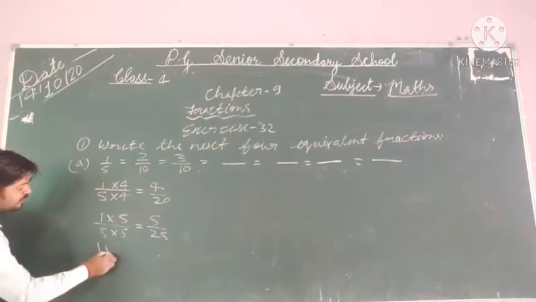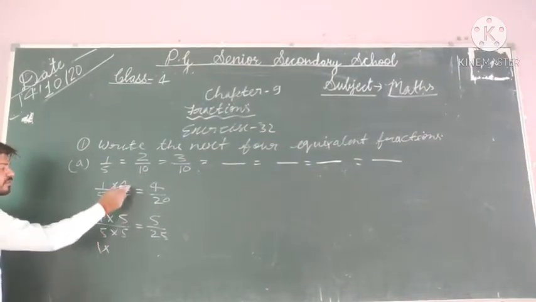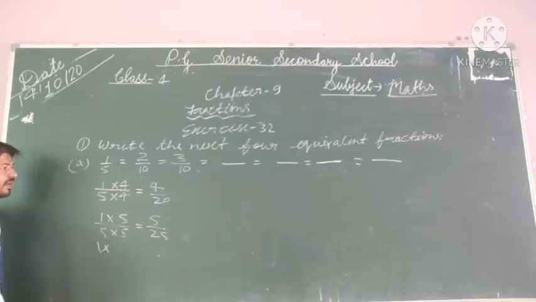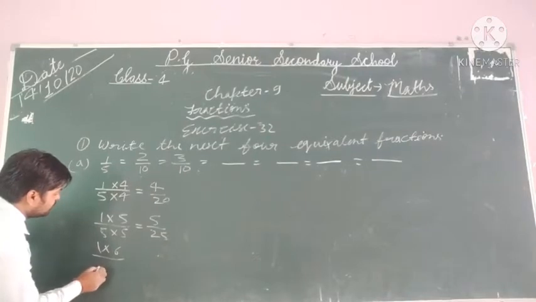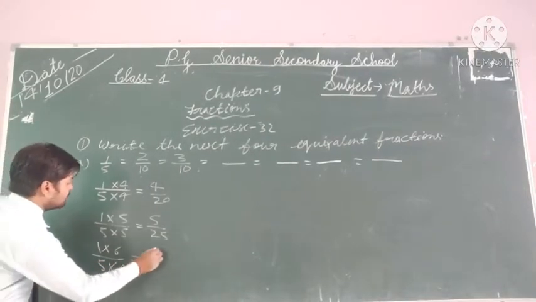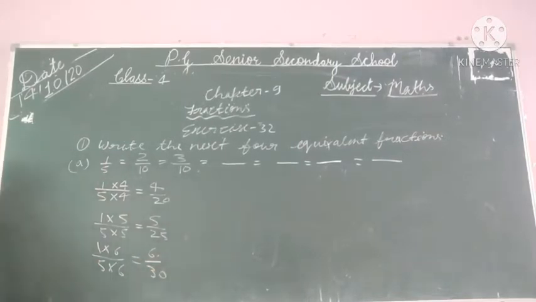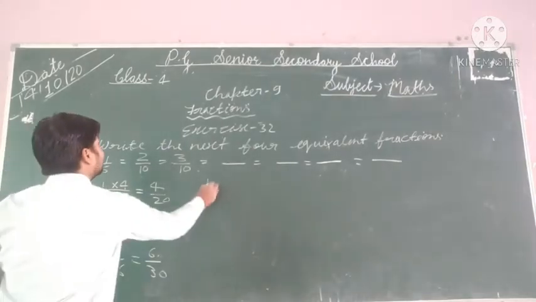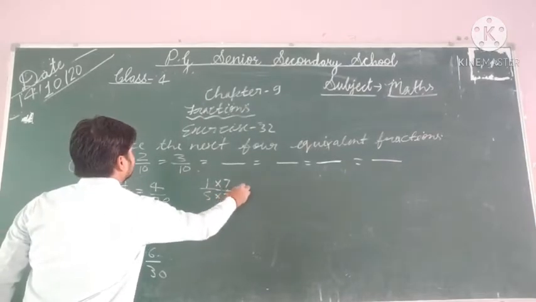Now you will multiply by 6, beta. 5 into 6. So 6 upon 30. Now you will multiply 1 and 5 by 7.